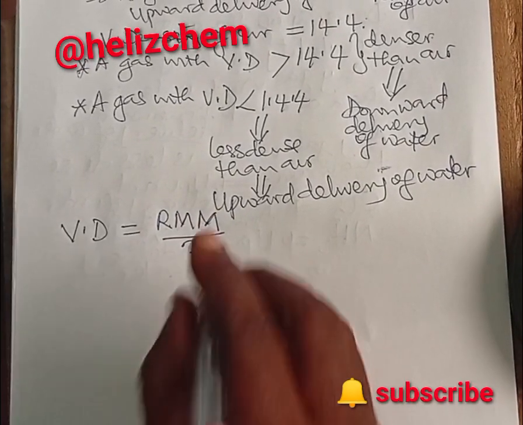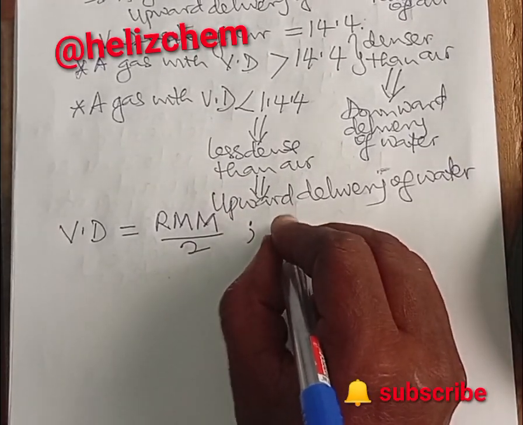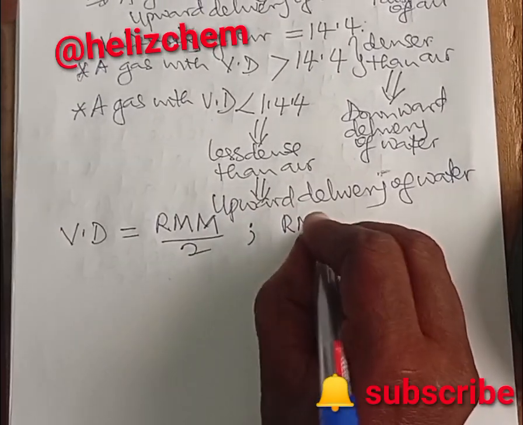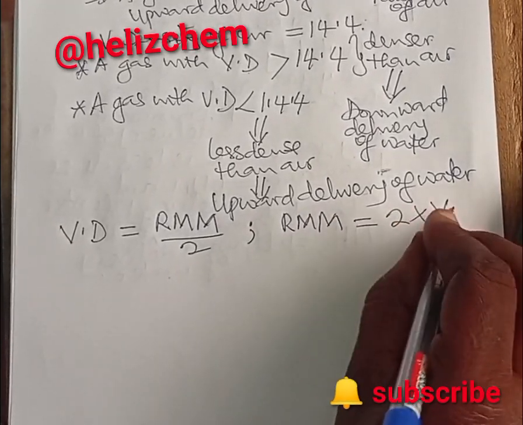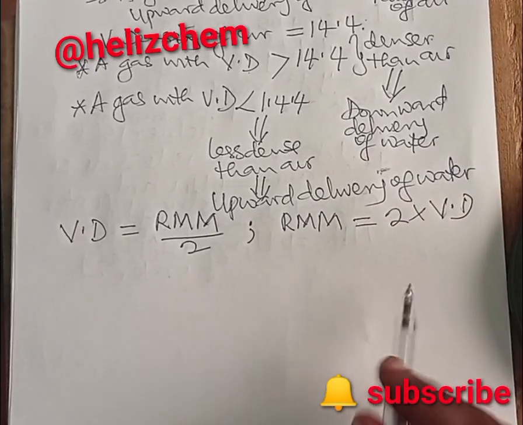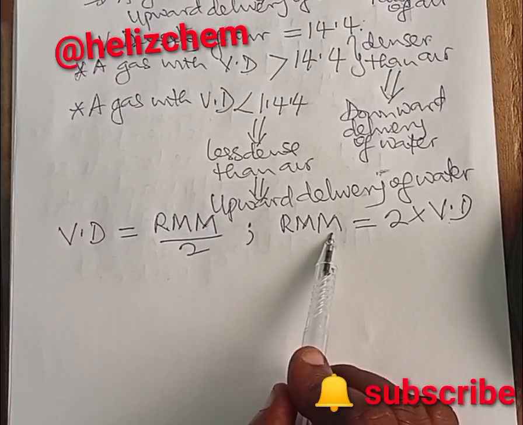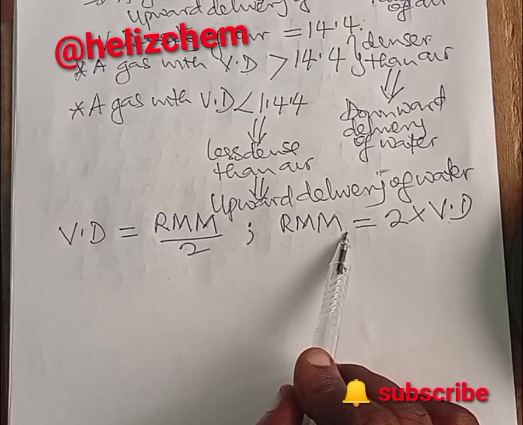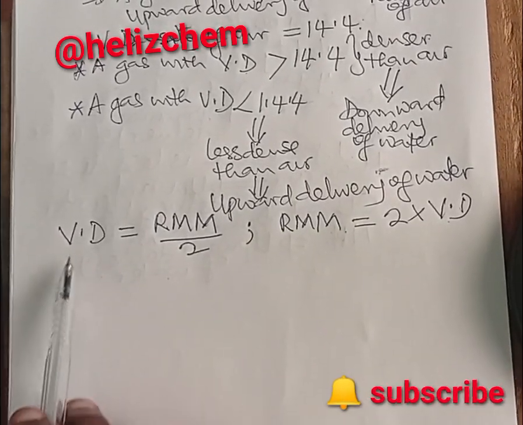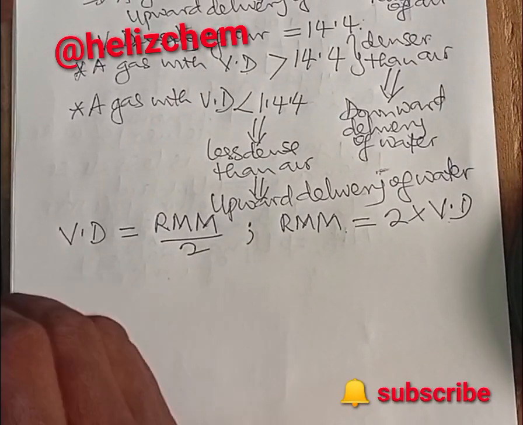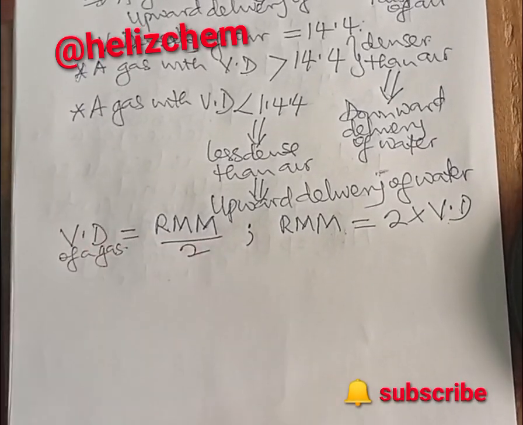Don't forget, this formula is taken from here. We know that relative molecular mass equals 2 times vapor density. So if you want to find the vapor density, you have to divide the relative molecular mass of that gas by 2. This is the formula we are going to use to know the vapor density of a gas.